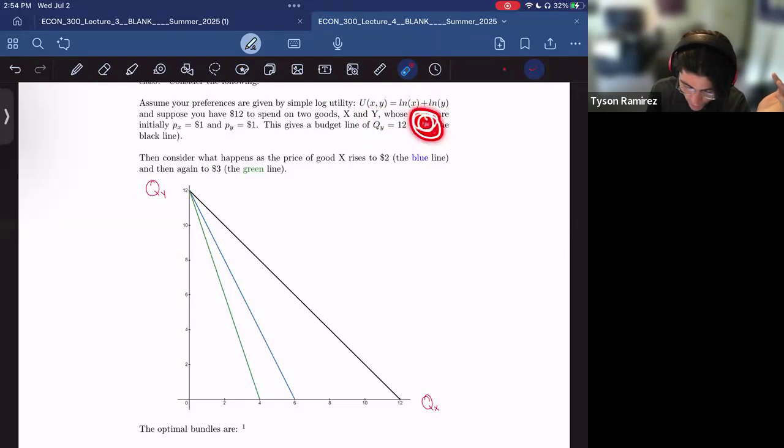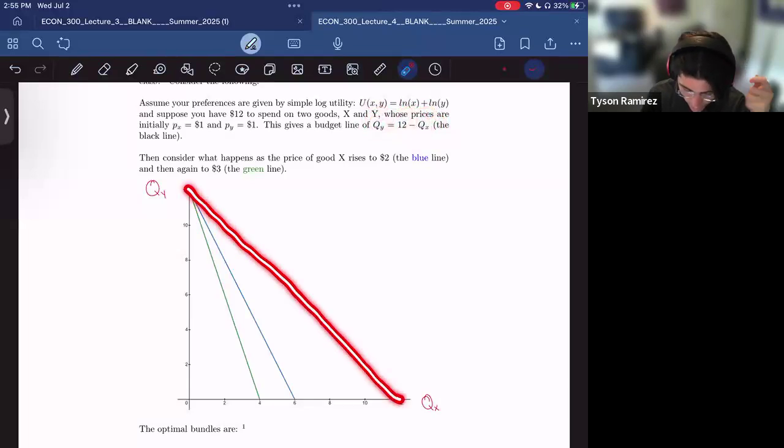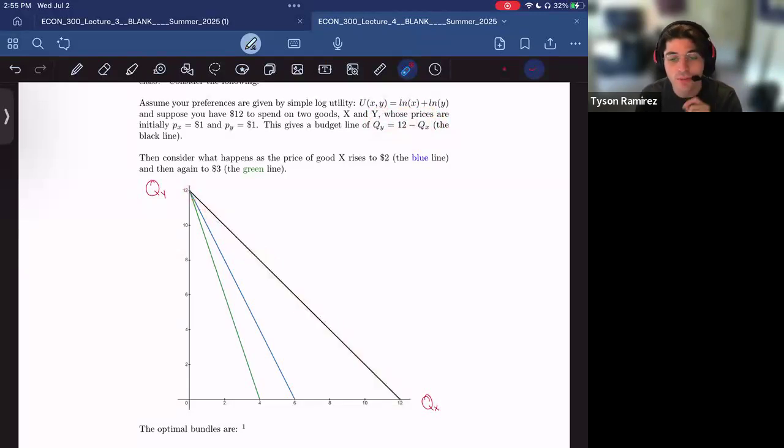If I'm buying none of X, then I'm buying all of Y and I would get 12. And that's this intercept here. The reverse is true. If I buy 0 of Y, that means I'm buying 12 of good X. So 12 minus 12 is 0. And that takes me to this intercept here. So clearly this black line is where we're starting. The situation as I've presented it to you is represented by this black line here.